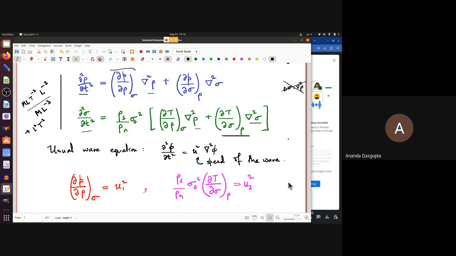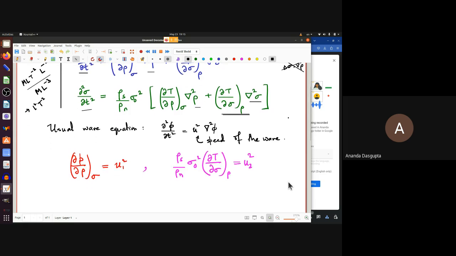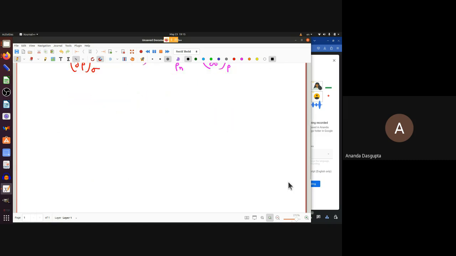But we want to analyze the motion of the whole thing given the set of equations like this. So how do we handle that? The answer is that although the general solution to this equation could be very complicated, it's really not that difficult to figure out what kind of waves can propagate given these equations. So what we will do is we will assume that you have a wave.